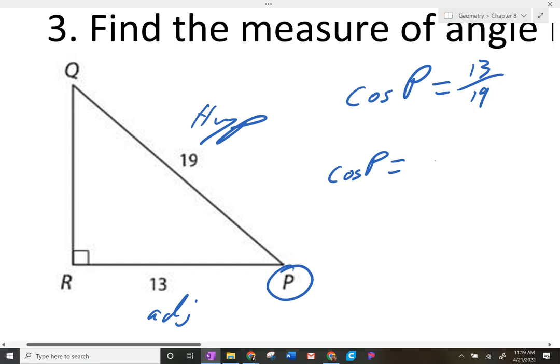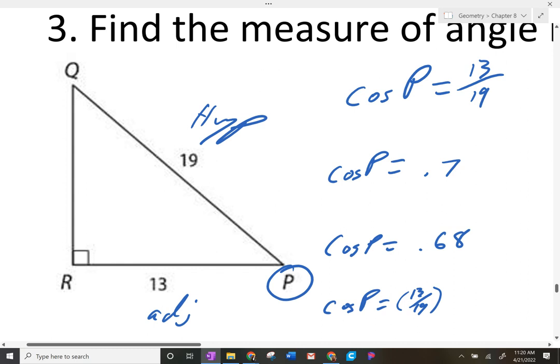Some of you wrote it as equals 0.7. Some of you wrote it as cosine of P equals 0.68. Some of you wrote it as cosine of P equals, I'm just going to put it in parentheses, 13 over 19, meaning it's going to be the exact number.